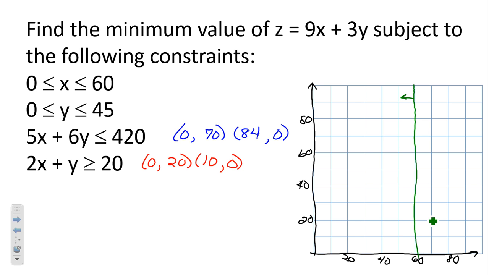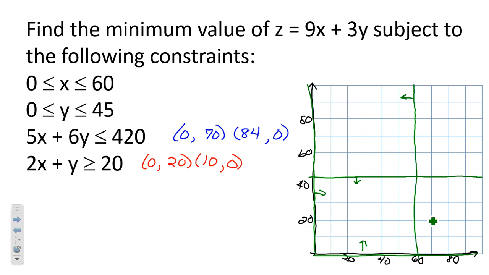Between 0 and 45 for the y's means that we're going to have a solid line here and shading down. Those are our boundaries, in addition to x being bigger than 0, y being bigger than 0. So we're in this little box, the little green box.